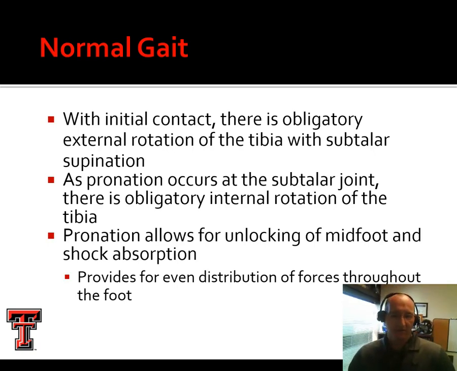As that pronation occurs at the subtalar joint, the tibia actually internally rotates, and this allows the foot to be that shock absorber. So we see that the lower leg actually kind of directs this transition from a shock absorber into something better intended to be a lever.